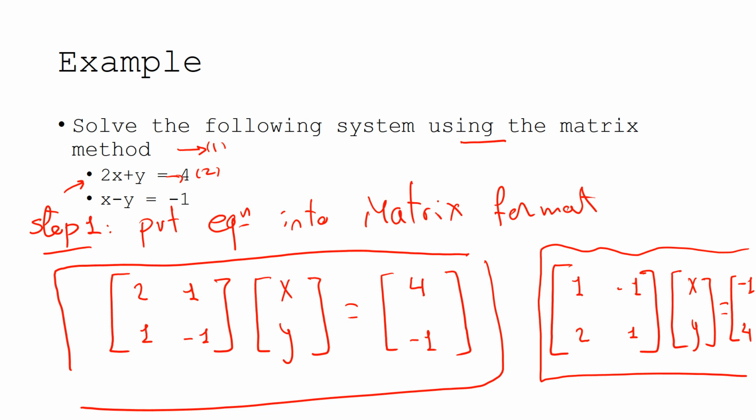And if you do the matrix inverse here or here, you're going to get the same exact result for x and y. Okay? So let's stick with this first format on the left.